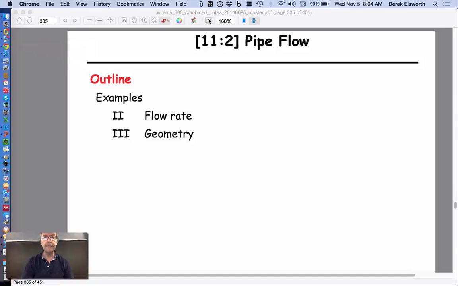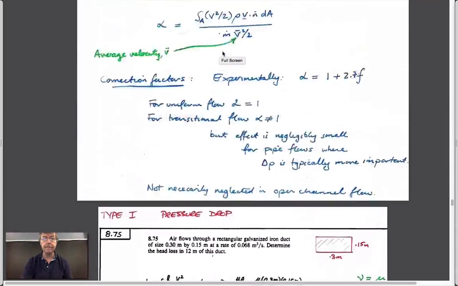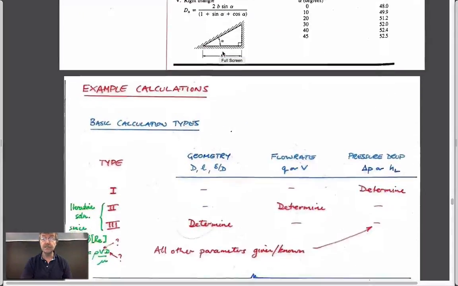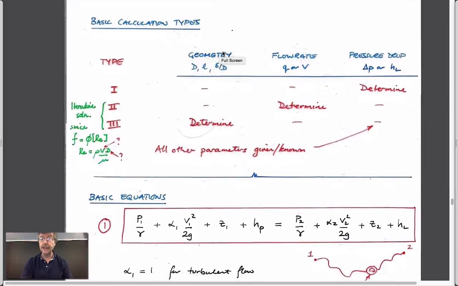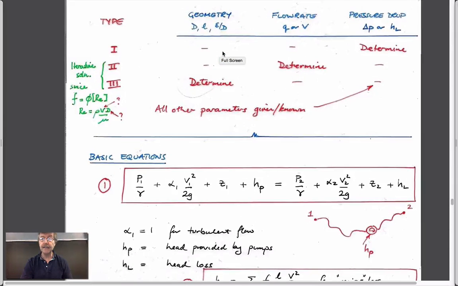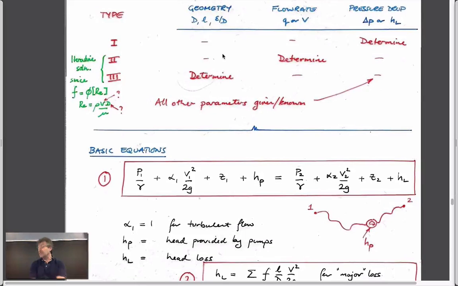All right, what we'd been talking about before, if you remember, if I just zip back here, this one page is really all we need to understand. And we made the case that we can divide calculations into 3 types artificially. We talked about the first one, which is type 1, which if anything turned up on your third midterm, it would only be that one.